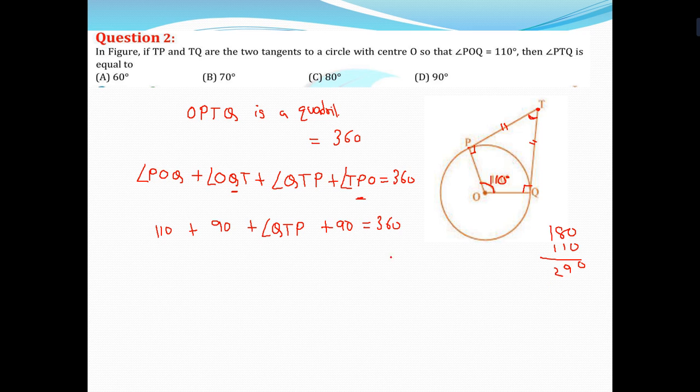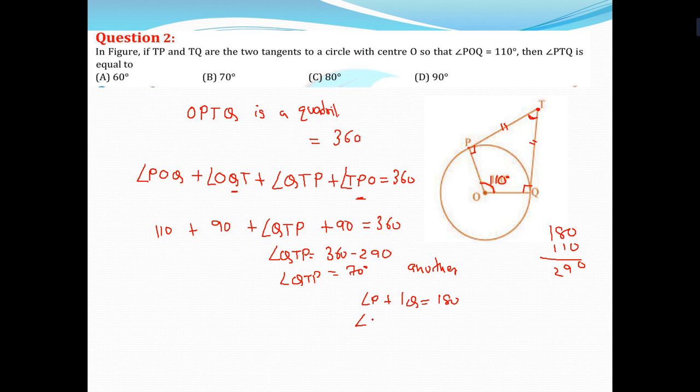So 360, so QTP is equal to 360 minus 290, that is 70 degree. Or another way, what you have to remember, opposite angles: angle P plus angle Q is equal to 180.